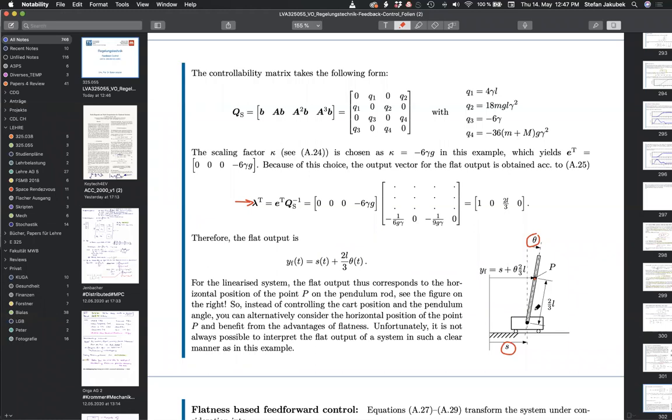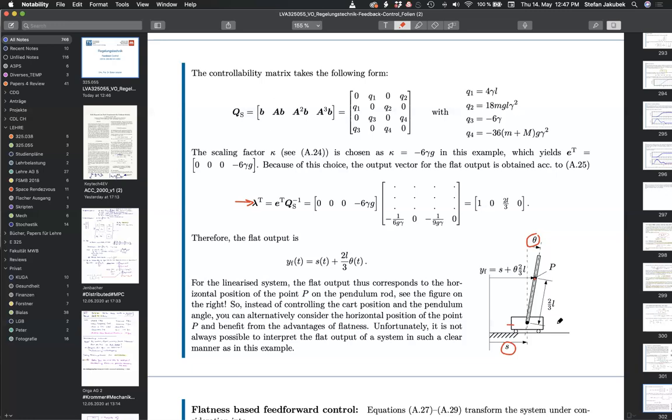And you probably all know, if you balance a rod and you want to move to the right, then before you do that, you have to first of all move the cart to the left a little bit, in order for the rod to tilt over, and once it is tilted to the right, only then are you able to move to the right.